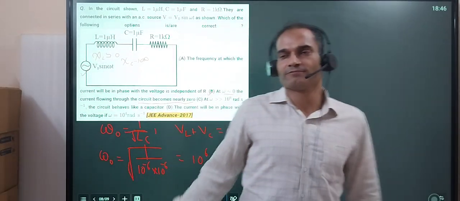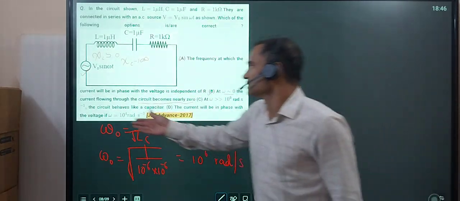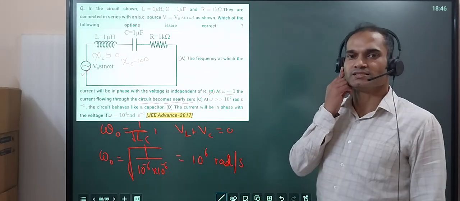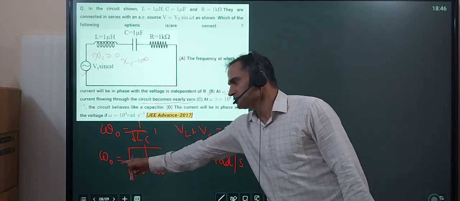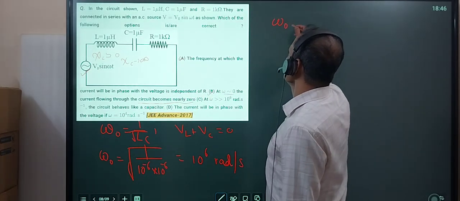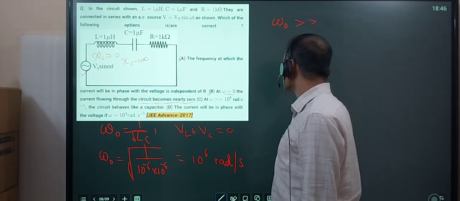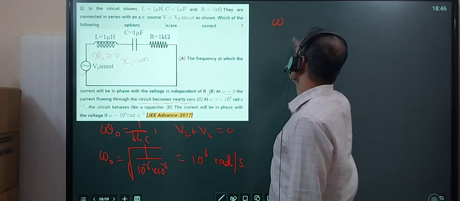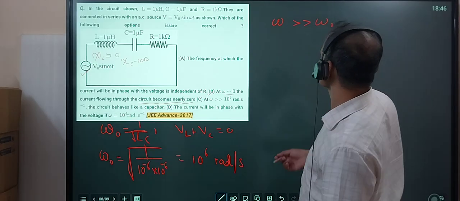At omega very large compared to 10 to the power 6, circuit behaves like a capacitor. Okay, so that is not correct, because this is our resonant frequency. Here if omega is very large compared to omega naught, what will happen?